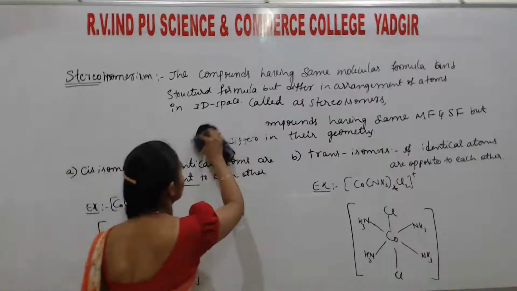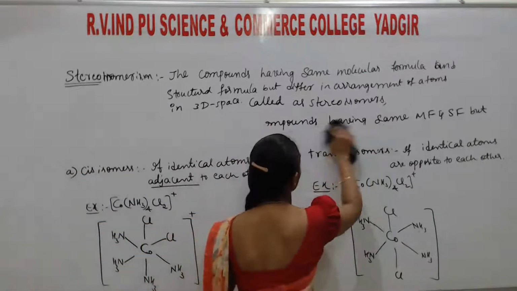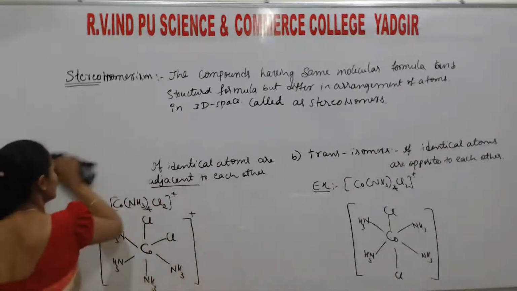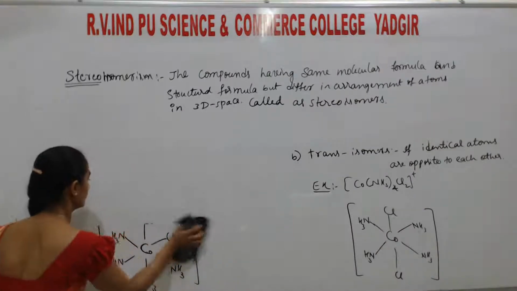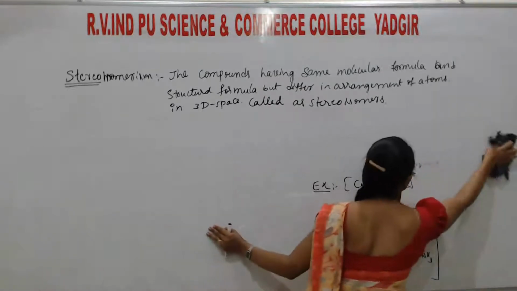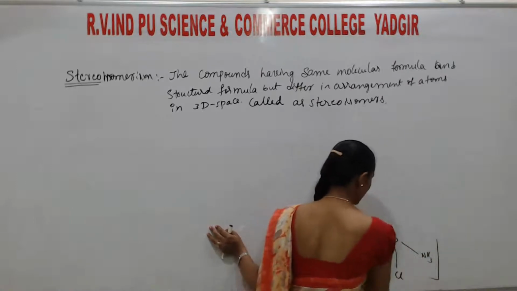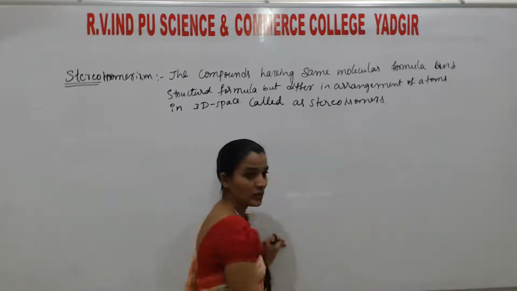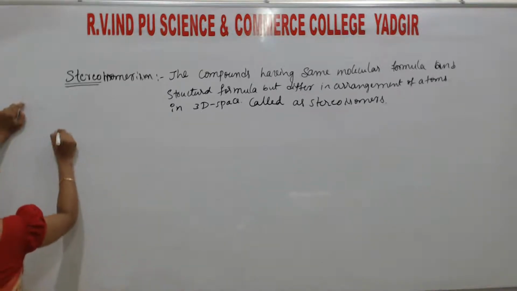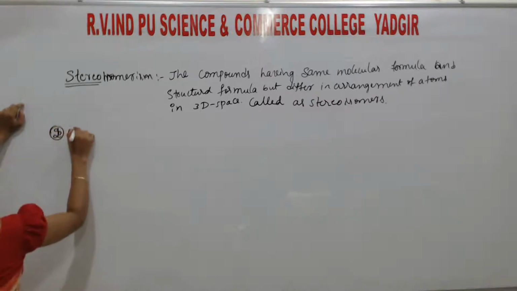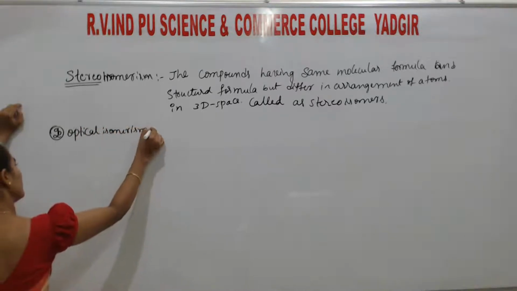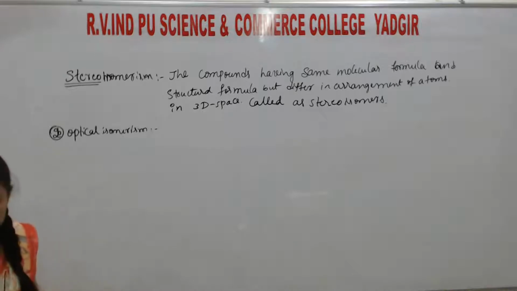So the next one is stereoisomers. Next one, in this stereoisomerism, the second classification is optical isomerism.